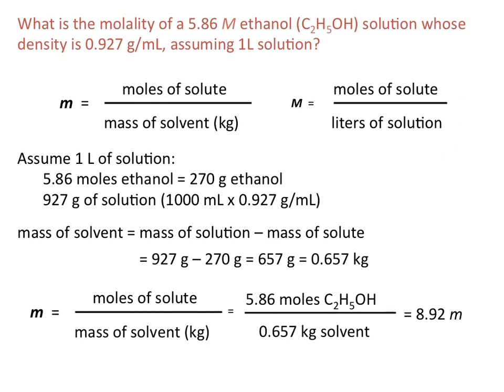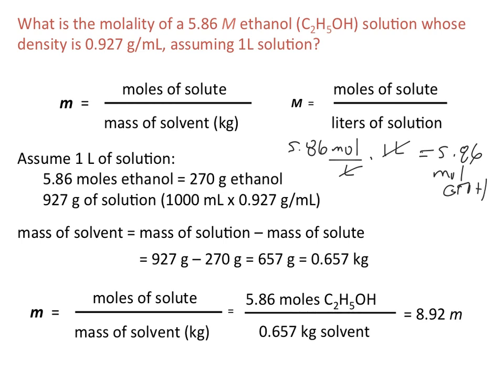So what we're going to do there is first figure out the moles of our solute, in this case ethanol. So 5.86 moles per liter, and we're going to multiply that by our 1 liter. Liters and liters cancel, so this gives us our 5.86 moles of ethanol.